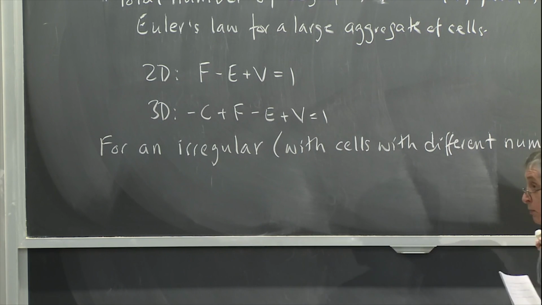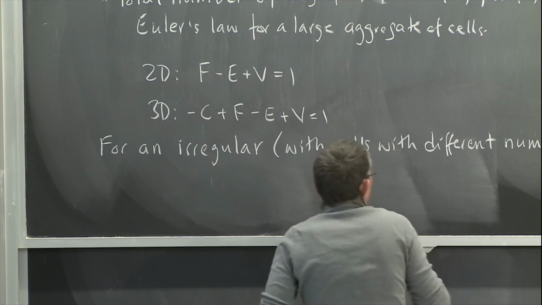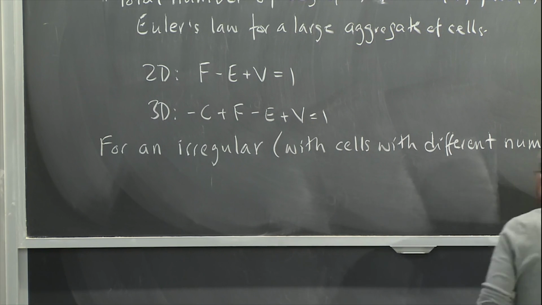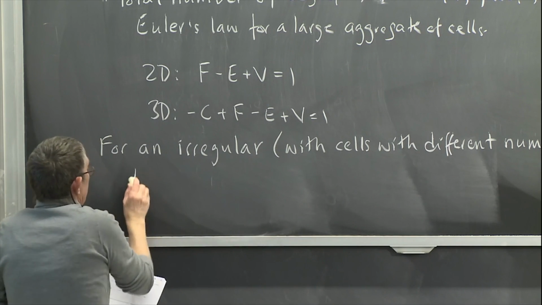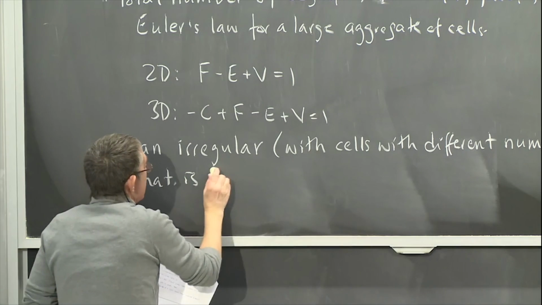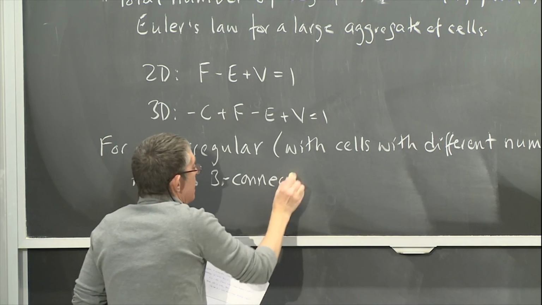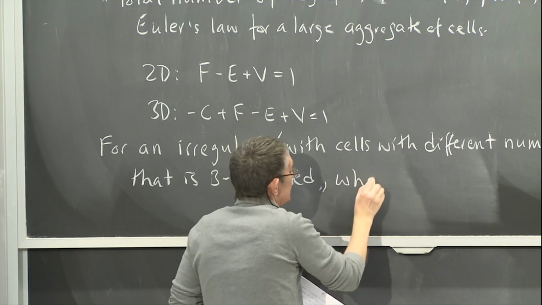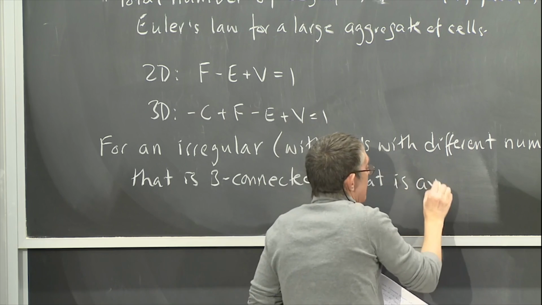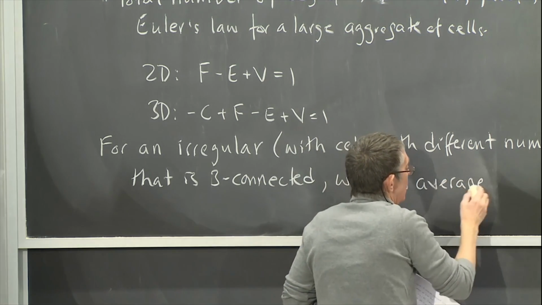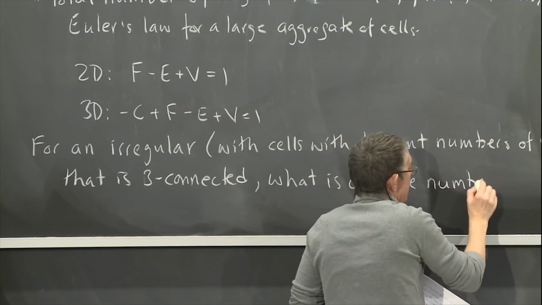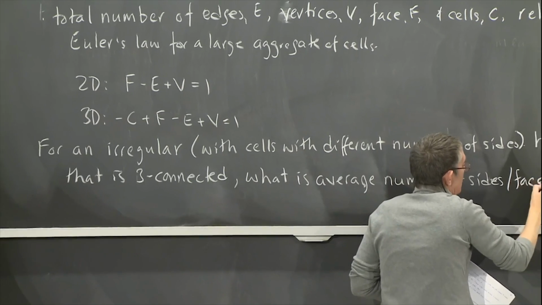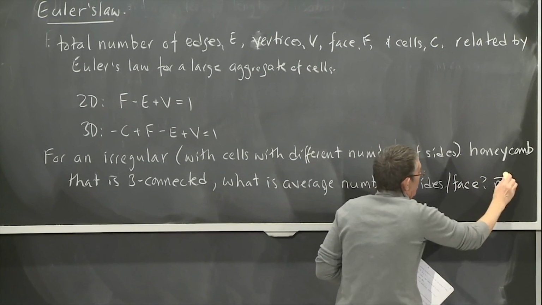If that is 3 connected, then what is the average number of sides per face? And I'm going to call that n bar.